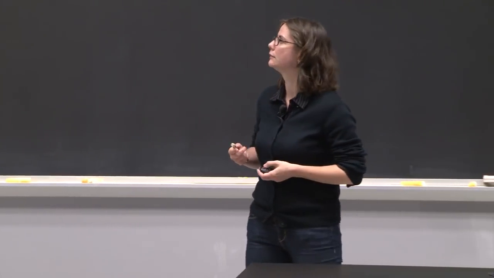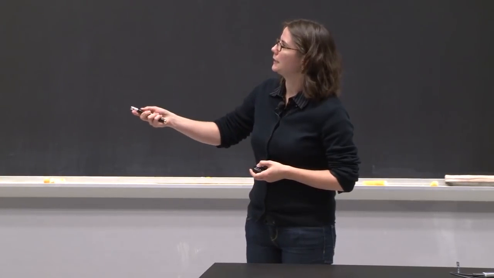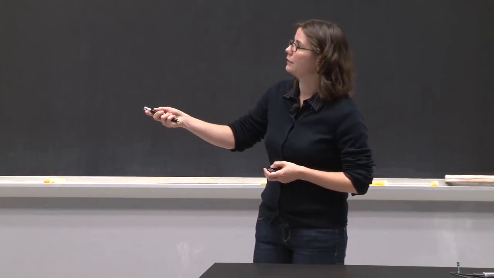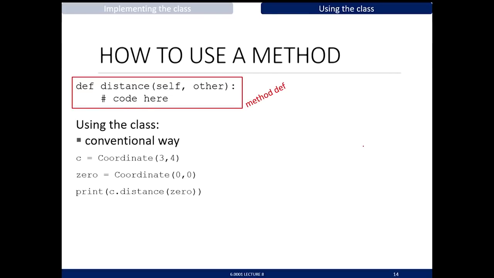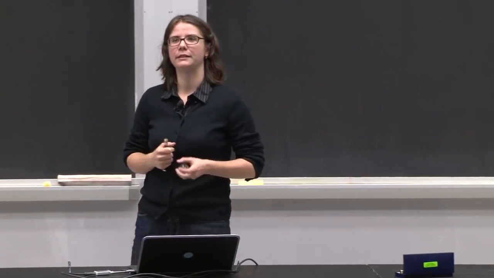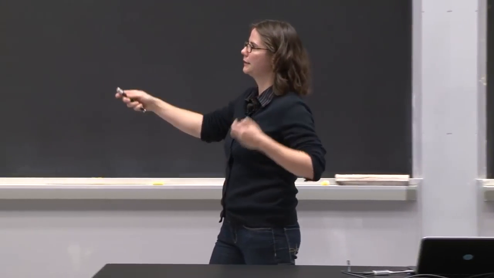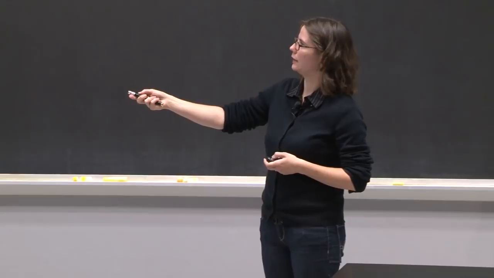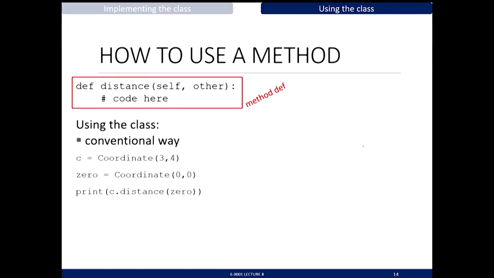Now, how do we use it? So let's assume that the definition of distance is up here. I didn't include the code. But really, all you need to know is what it takes. It takes a self and an other. So when you want to use this method to figure out a distance between 2 coordinate objects, this is how you do it. The first line, I create 1 coordinate object.